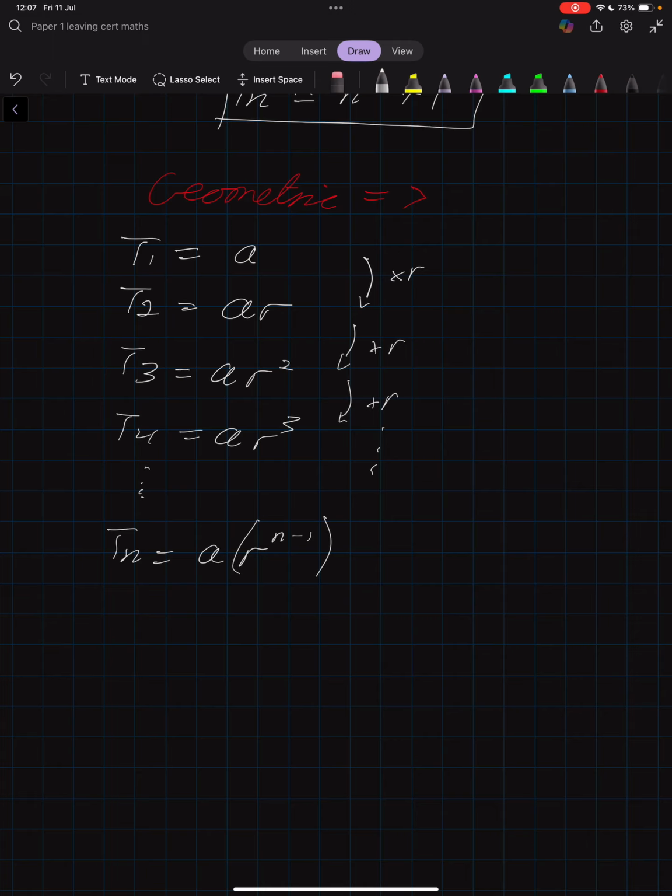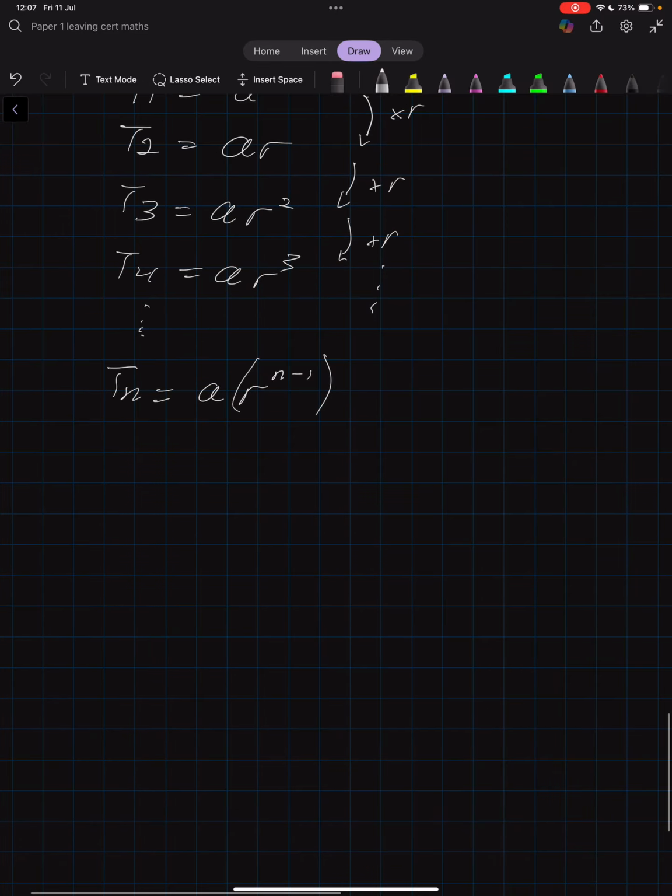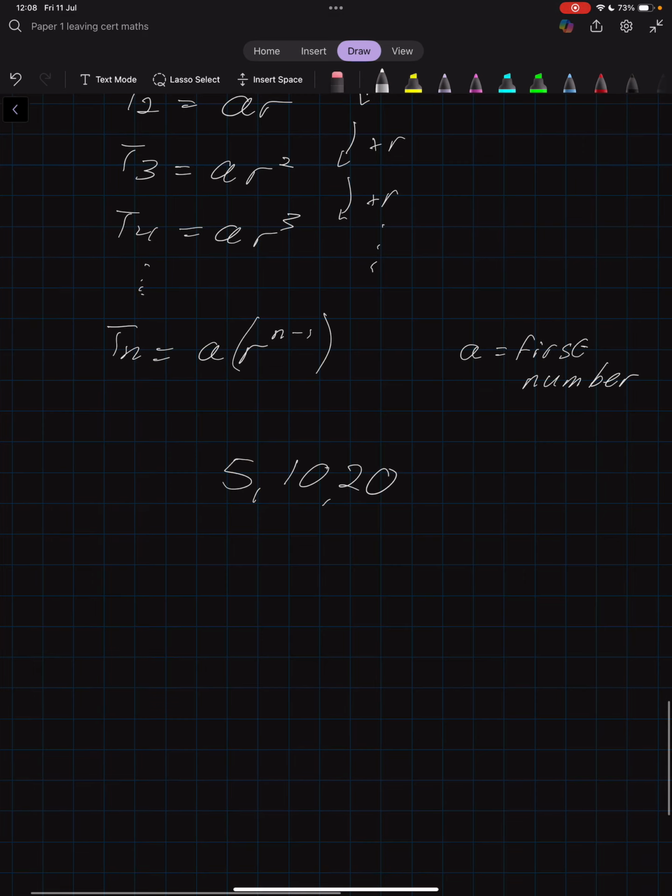A geometric series could be something like this: 5, 10, 20. So again, here a is the first number. In this case, Tn is 5 times 2 to the n minus 1. Why? Because I multiply by 2 every time.